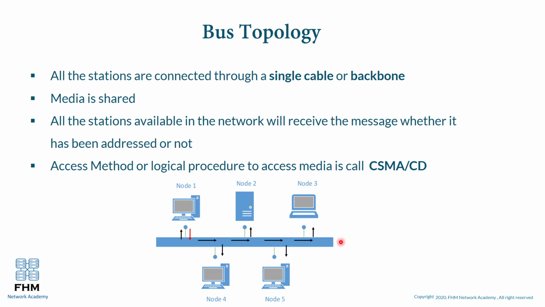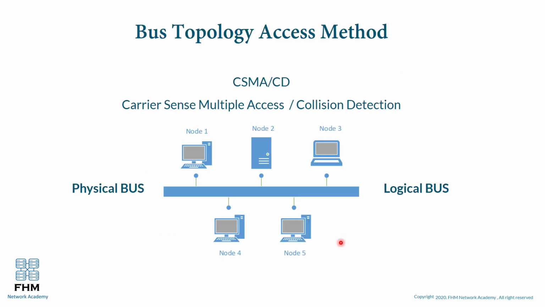The access method, or the principle or rules that every single node should follow to access the media and send signals and information, is called CSMA/CD. CSMA/CD stands for Carrier Sense, Multiple Access, and Collision Detection.